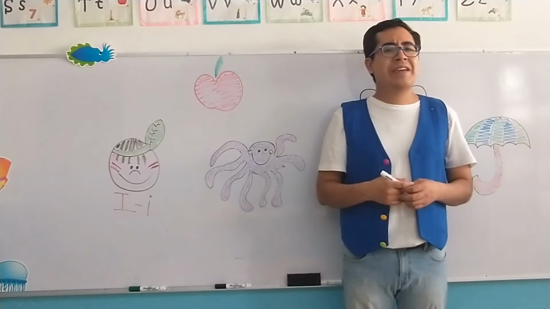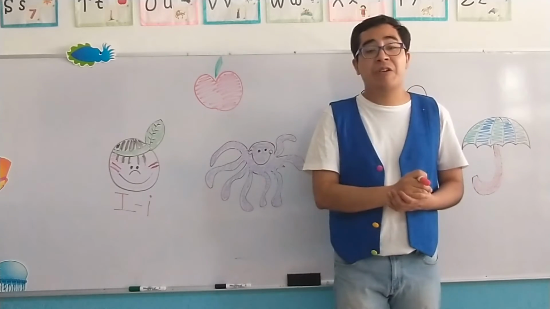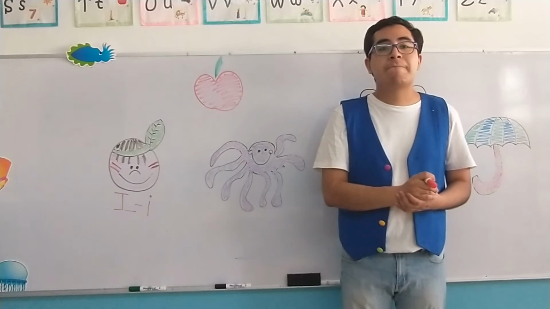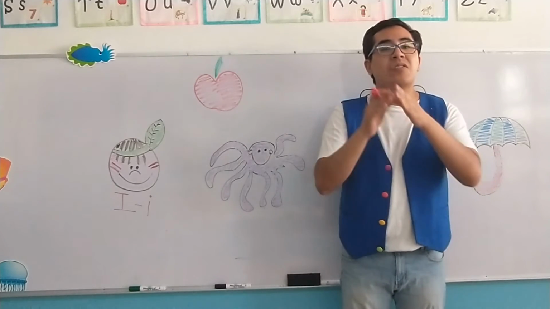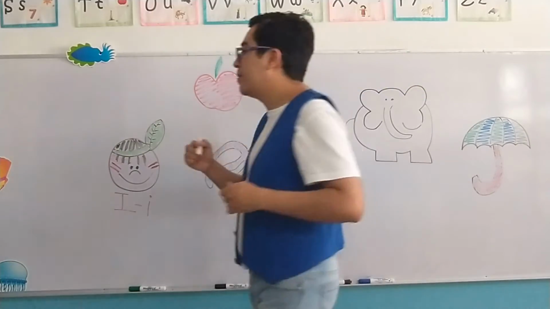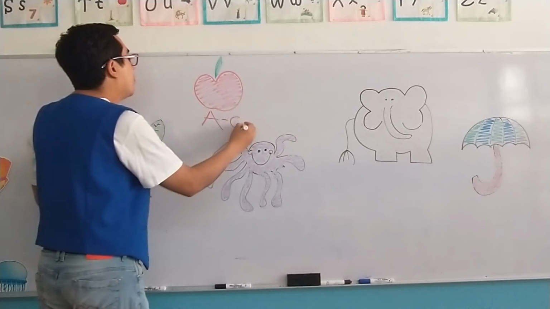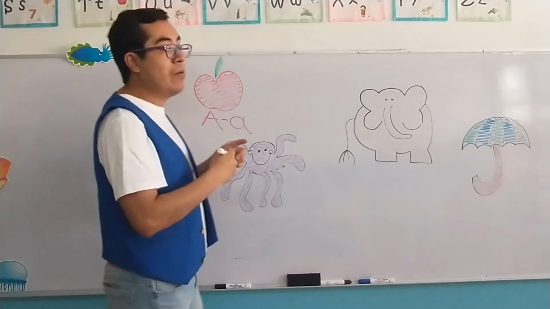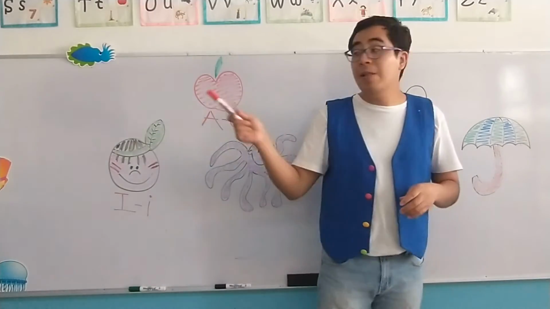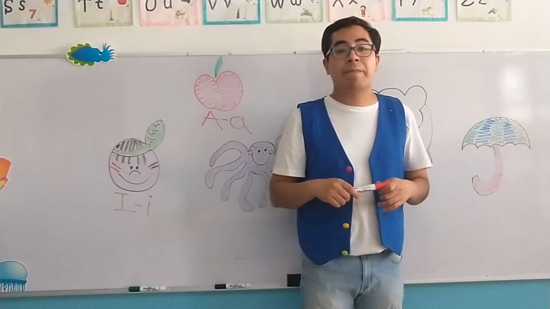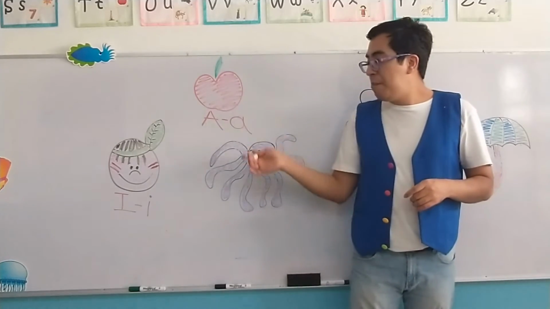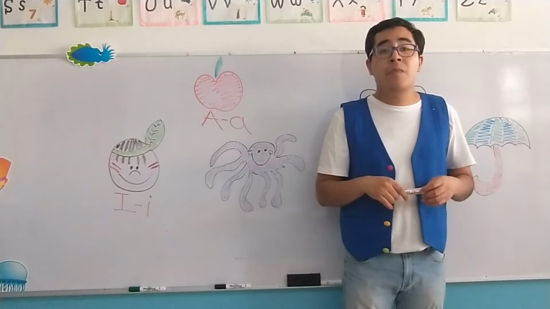The letter E? No, that's for another object. The letter A, capital A, small a. Very good. Capital A, small a. So, it's an apple. Es una manzana.